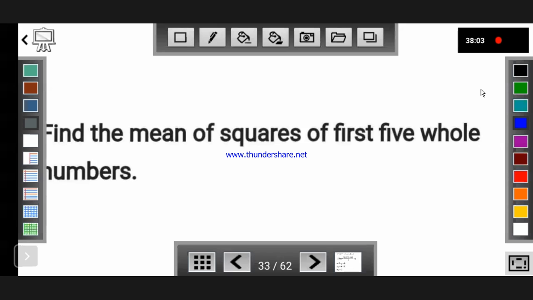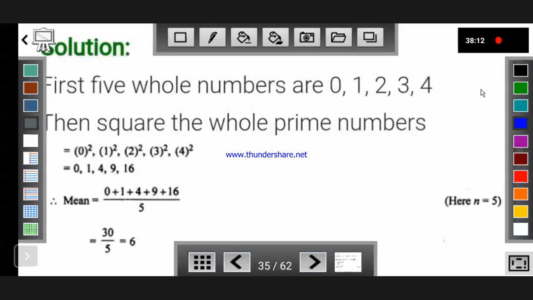They are asking us to calculate the mean of the square of the first 5 whole numbers. First 5 whole numbers are 0, 1, 2, 3, 4. After that, we want to square all these. While squaring, we will get a set of values as 0, 1, 4, 9 and 16.